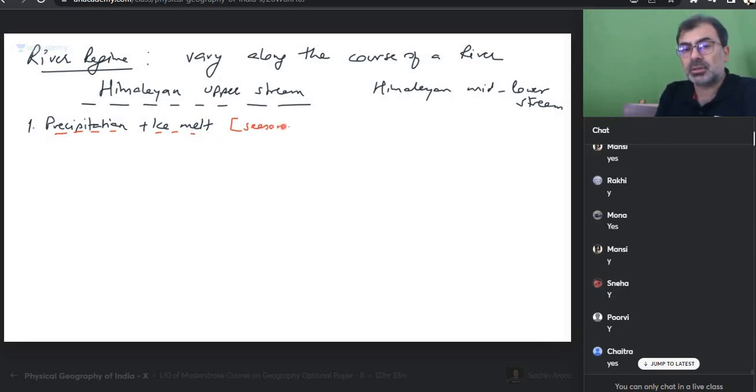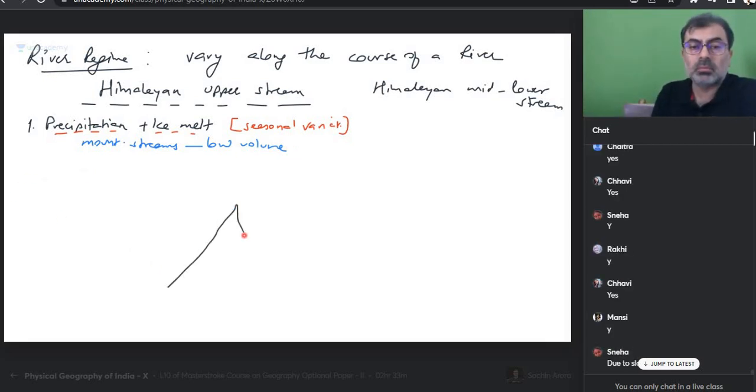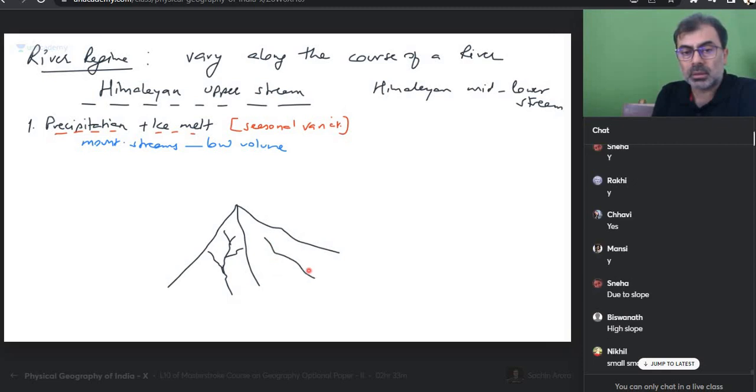Seasonal variation. Can I say mountain streams have low volume? Can I say that? Why low volume? Small stream. Yes or no? Small stream.